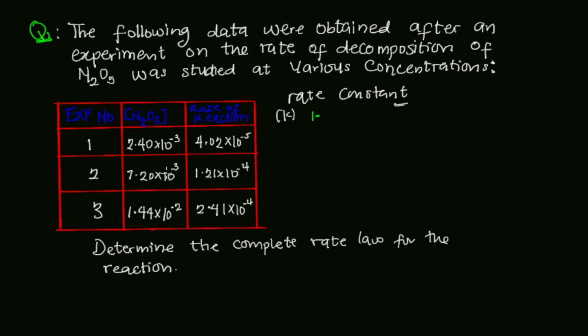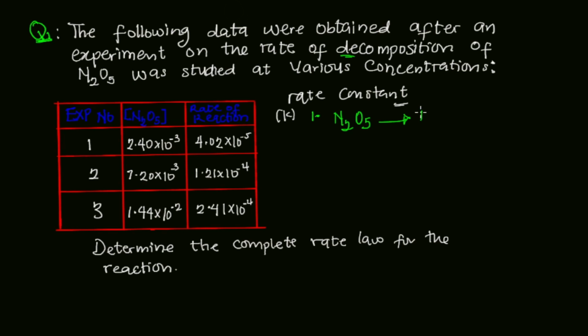In this case, we are talking about the decomposition of nitrogen pentaoxide. So you have to write out the equation for this reaction first. You're going to have N2O5, decomposing in the presence of what catalyst? No catalyst.